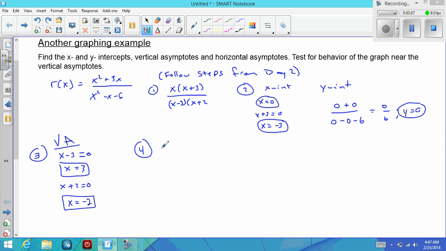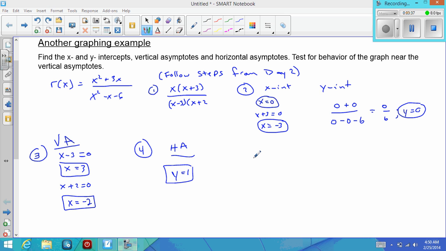And for step 4, we are finding the horizontal asymptote, which is to compare the exponents of the rational function. So the numerator has a degree of 2, the denominator has a degree of 2, they are equal, and therefore we take the coefficients of each polynomial, which is 1 over 1, and we get y equals 1.